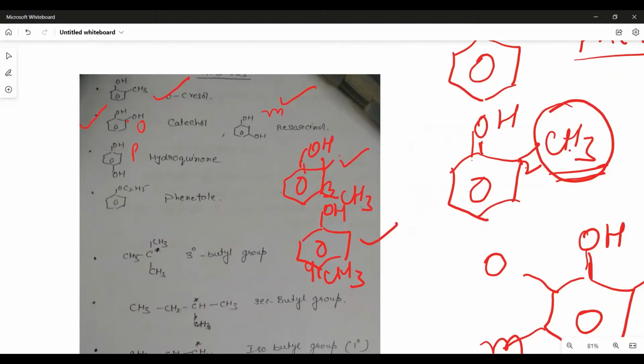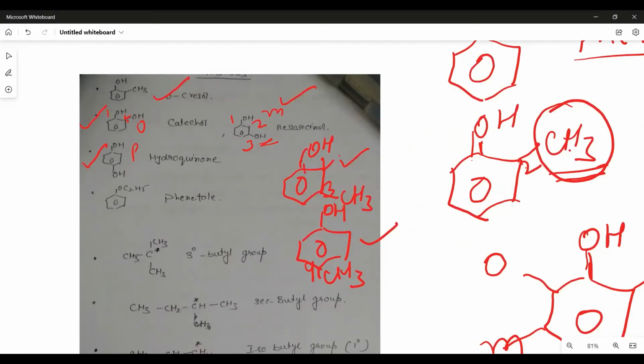If you do the IUPAC nomenclature, what will it be? 1,2, so it is benzene-1,2-diol. What was that? Benzene-1,2-diol. Now here it is benzene-1,3-diol. You can do the next by yourself: you may write it as benzene-1,4-diol, because two OH groups are present over here.